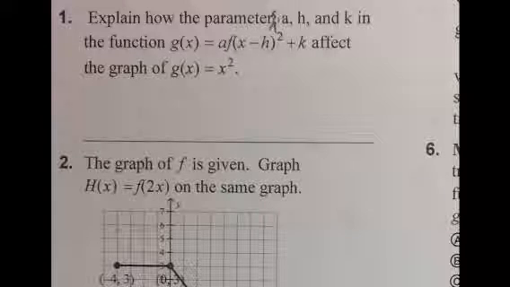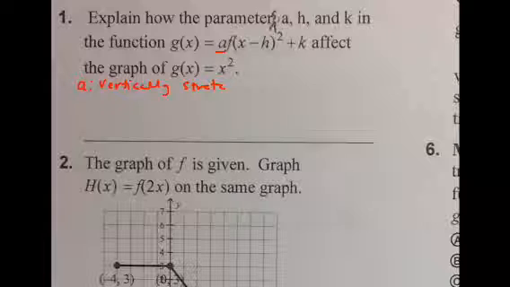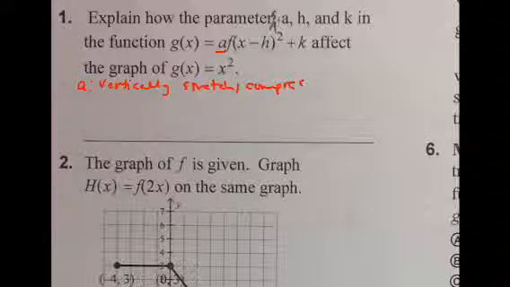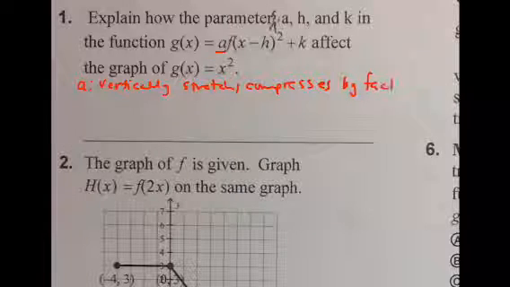Alright, so for number 1, you just have to describe how the a, h, and k affect the parent function. So a, what it does is it vertically stretches or compresses by a factor of a.